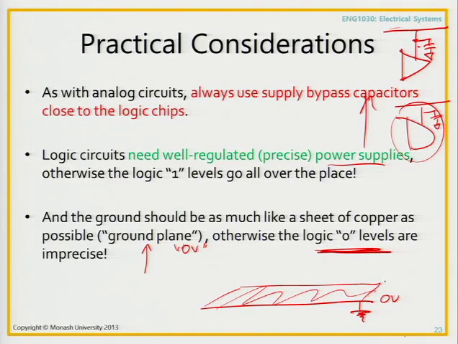This is a 0 volt copper sheet, and you connect all your logic gates to it. Because this big sheet of copper can dissipate a whole load of current really effectively, the voltage level of the sheet remains really stable at 0 volts, or whatever voltage you connect to.